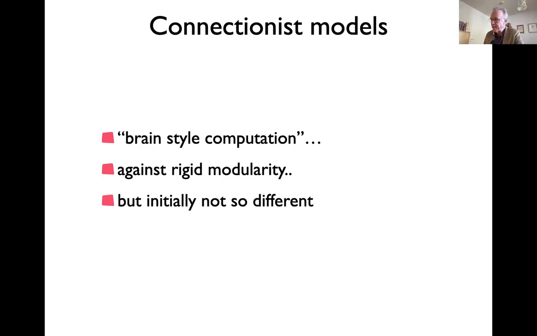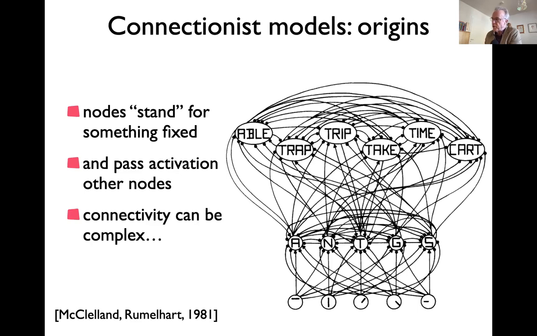But then there are some ways in which it wasn't so different. So this is one of the earliest models. McClelland and Rumelhart are the heroes of this field. Rumelhart, unfortunately, died recently, and he had a brain disease for a very long time. And Jay McClelland is still very active in that field, a very good scientist who is very good at discussing the conceptual commitments, and in no way ideological.